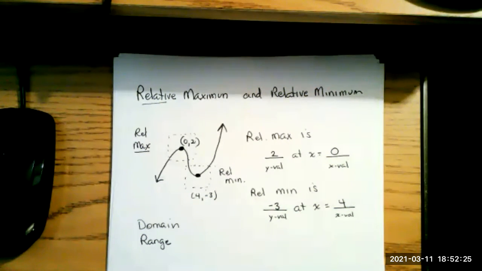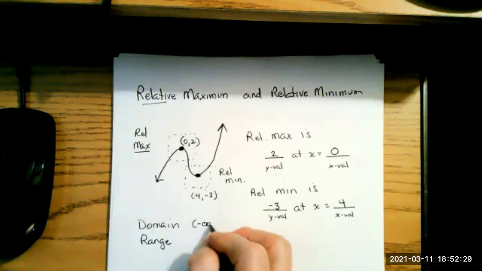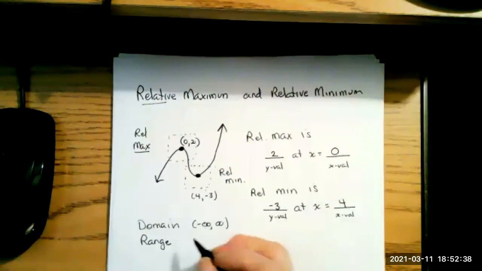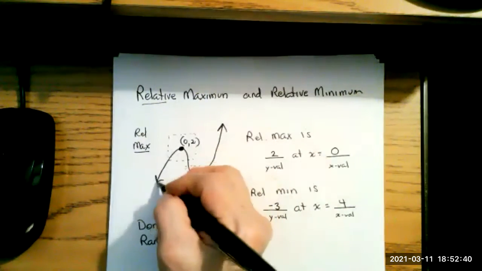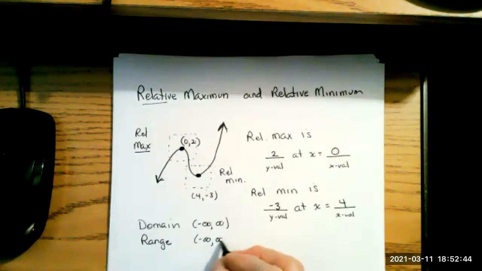So left to right, it's -infinity to +infinity. You see that? And bottom to top, this keeps going down, this keeps going up. It's -infinity to +infinity.